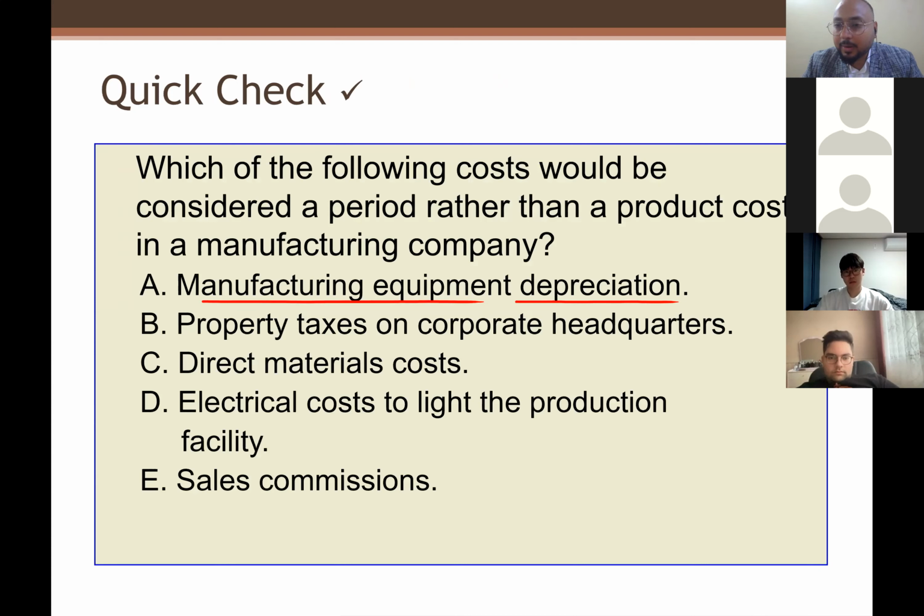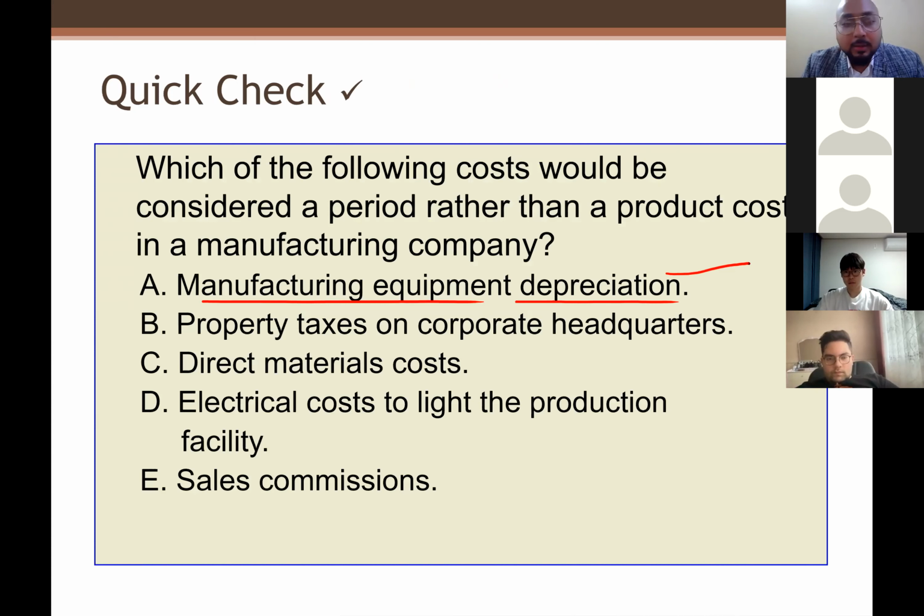Any question? Why? Because it is used in the production process, right? So it is manufacturing overhead. Since manufacturing cost is related to product cost, this is under product cost.